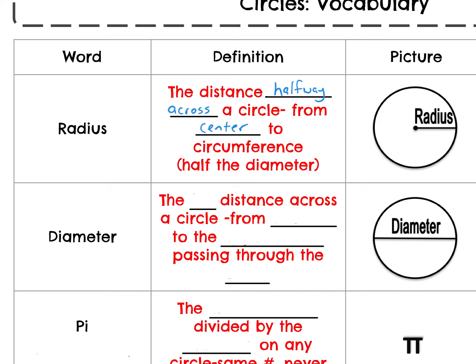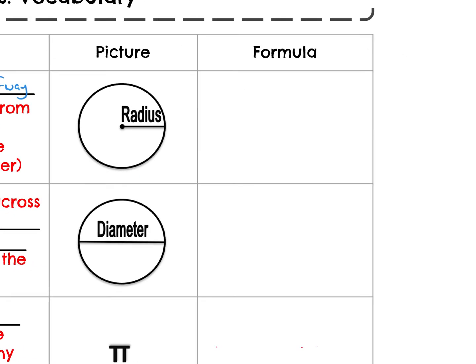In other words, it is half the diameter. To calculate the radius when it's not given to you, you take the value of the diameter and divide it by 2. Just remember, fraction bar means division.